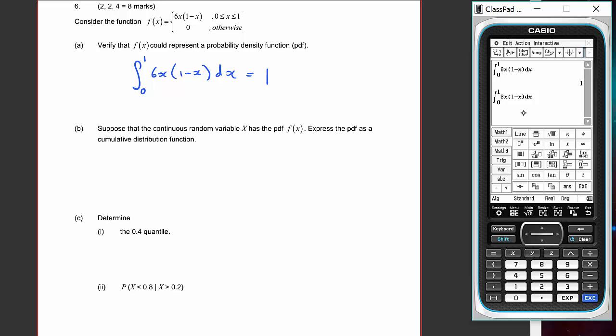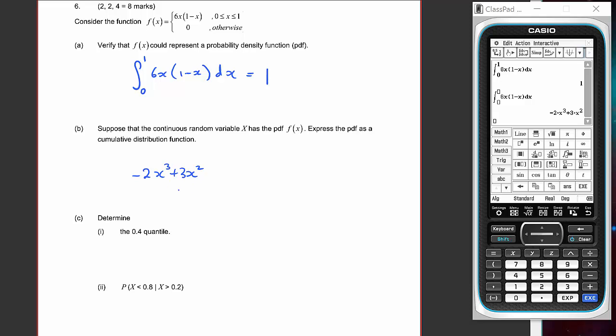I'm having trouble clicking exactly where I want to be. So that's better. Just remove that limit. We'll execute that, and that gives us negative 2x cubed plus 3x squared.